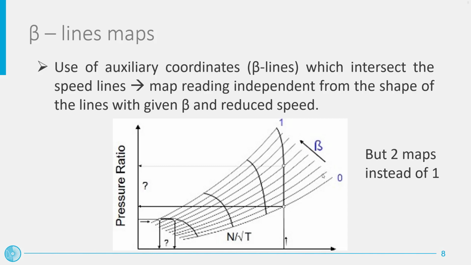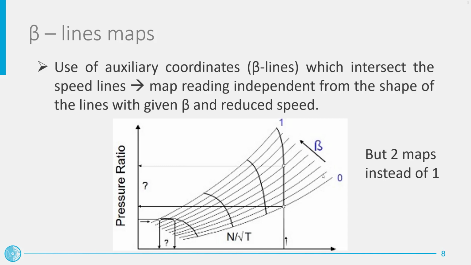This approach is implemented both in the software GSP and the Modelica library BasicAeroEngines you will familiarize with in part B of the course. The only drawback, due to the use of the auxiliary coordinate beta, is that two matrices are now needed to map the beta lines. One for the pressure ratio and one for the flow coefficient.